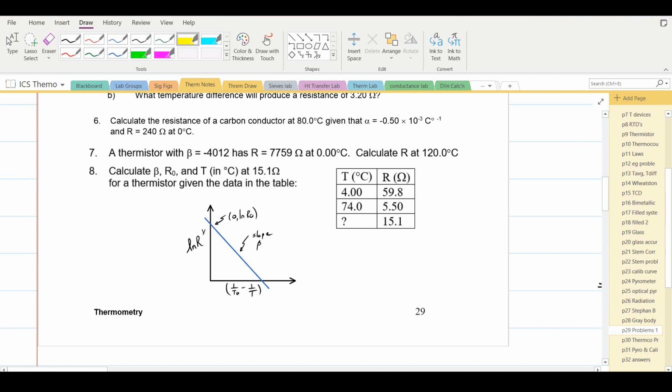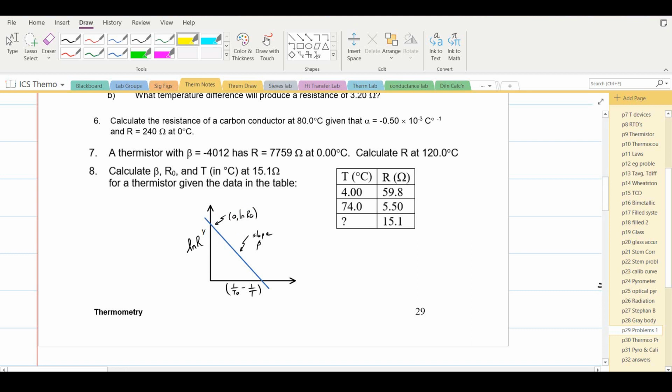Beta is the slope of this line, the plot of ln of R versus 1 over T sub 0 minus 1 over T. So we could not get that directly by putting any of this data in the calculator. As shown, we'd have to rearrange it a bit. And ln R sub 0 would be the intercept.